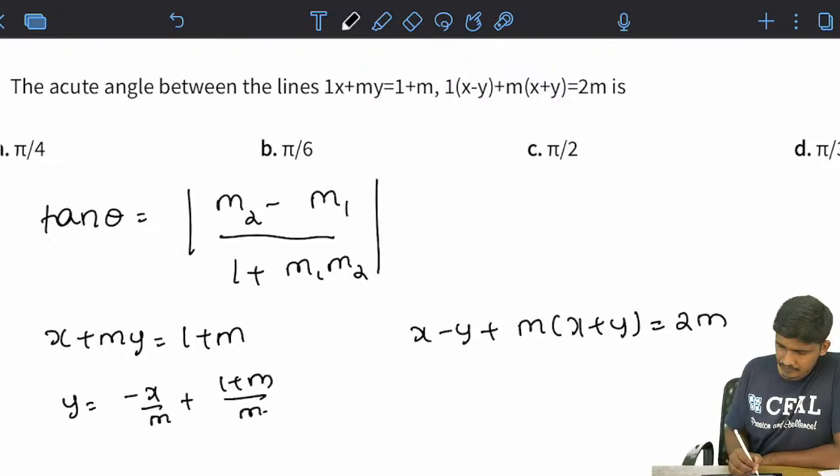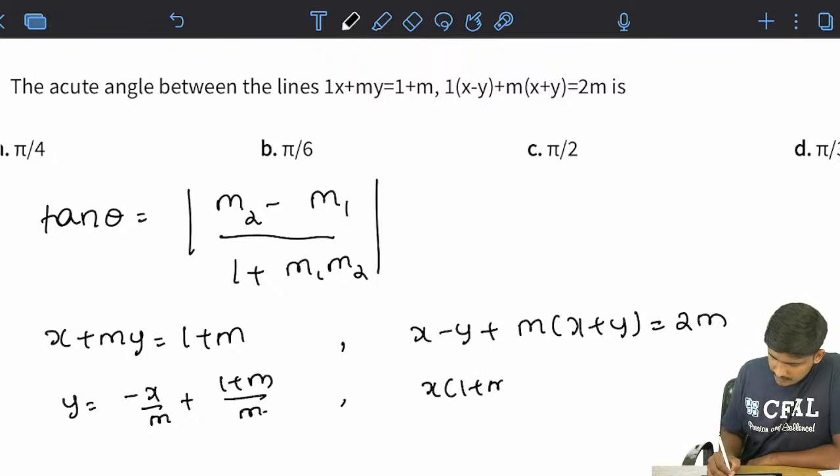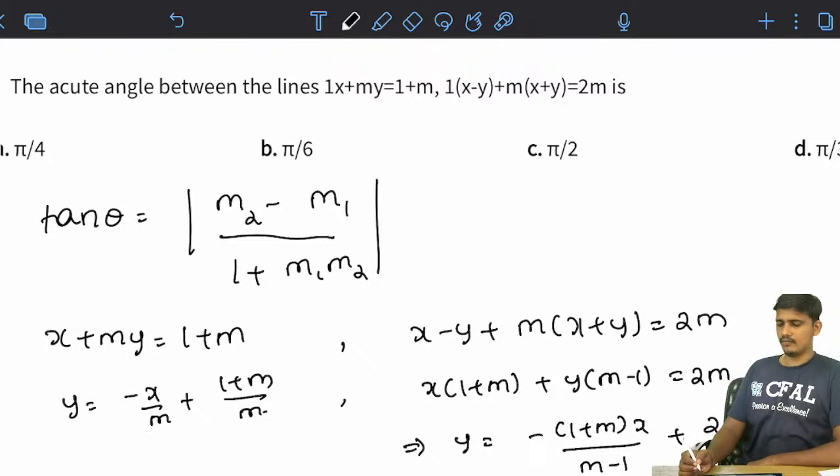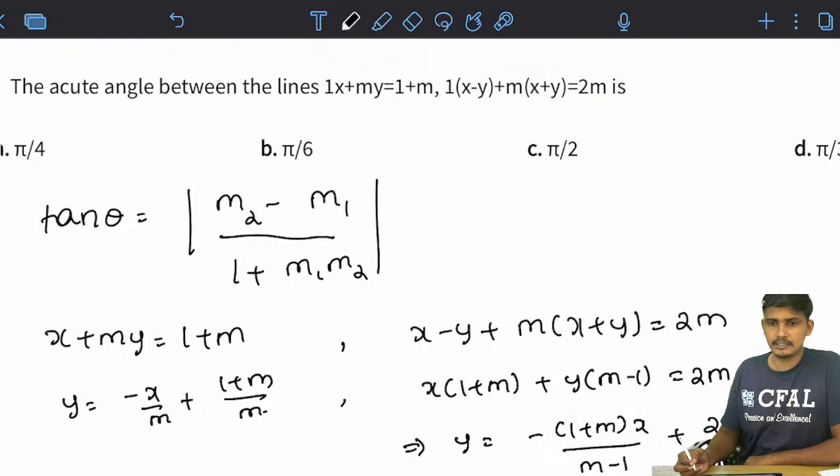For the second, I have to rearrange: taking x common, x into 1 plus m plus y into m minus 1 will be equal to 2m, which implies y will be equal to minus of 1 plus m into x divided by m minus 1 plus 2m divided by m minus 1. So we have converted to the form y is equal to mx plus c, right?